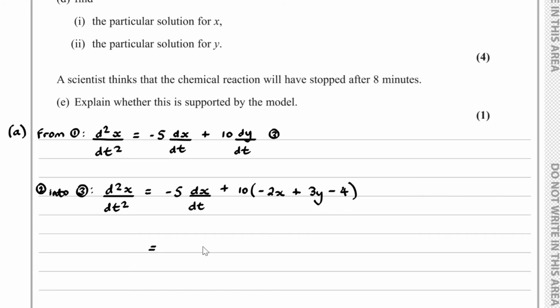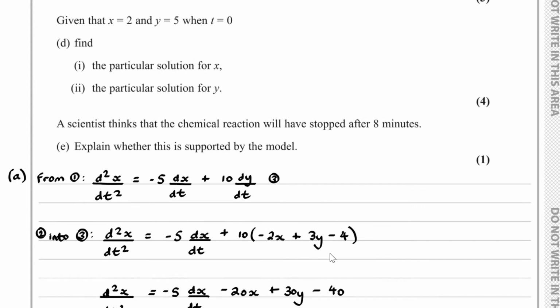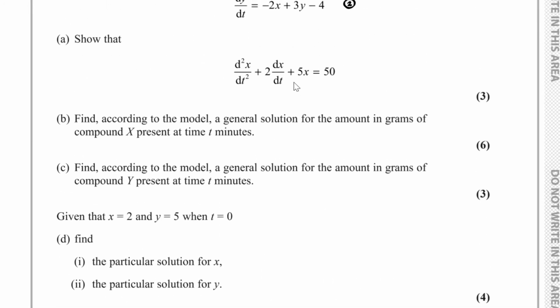And if we expand all of this out, we have minus 5 dx over dt minus 20x plus 30y minus 40. So therefore you can see here d squared x over dt squared is equal to minus 5 lots of dx over dt minus 20x plus 30y minus 40. But you'll still notice over here we've got something involving a y, and in our show that we don't want anything that contains a y.